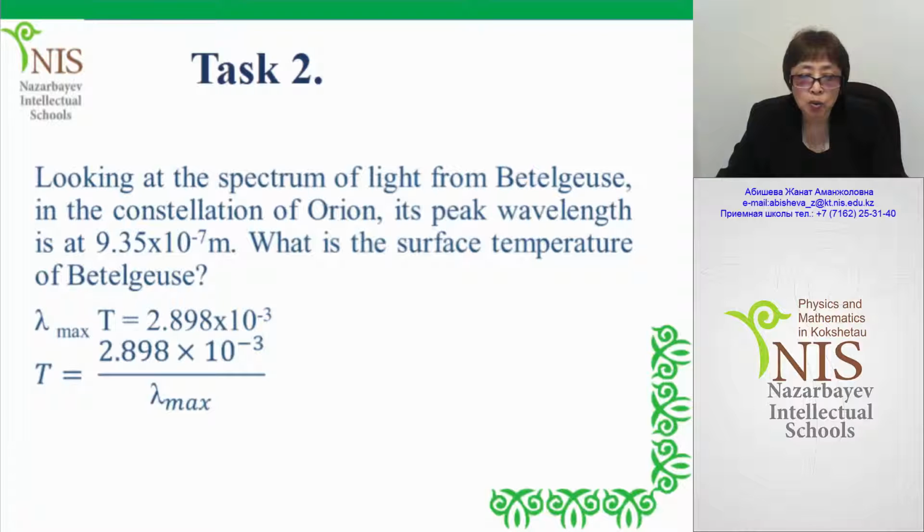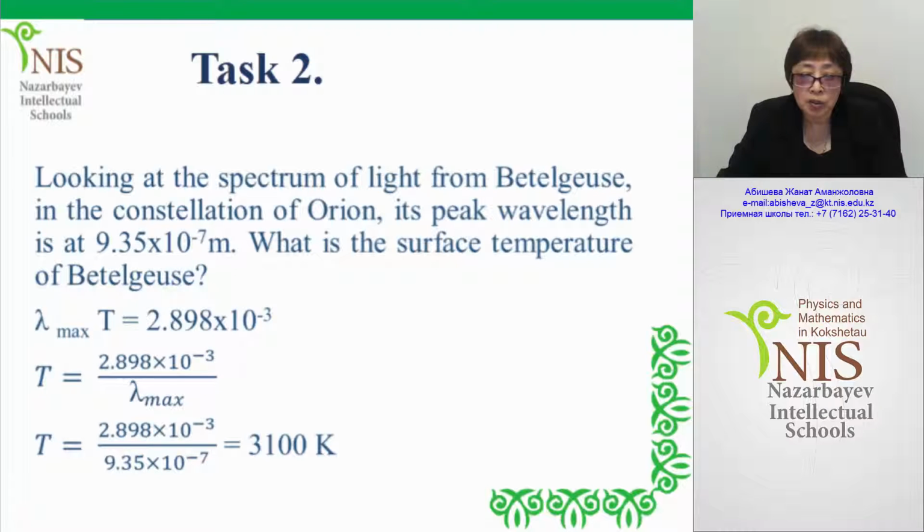T equals 2.898 times 10 to the power minus 3 divided by lambda max. T equals 2.898 times 10 to the power minus 3 divided by 9.35 times 10 to the power minus 7, which equals 3100 Kelvin.